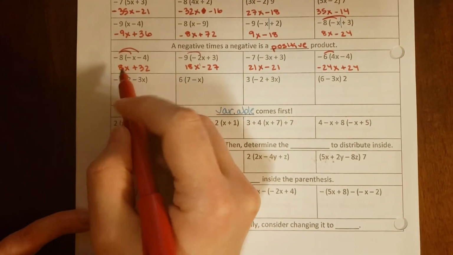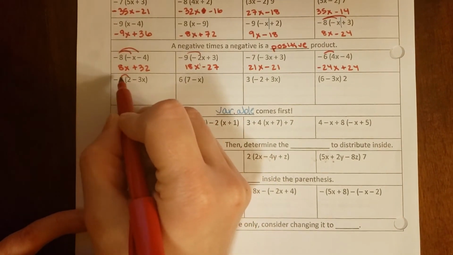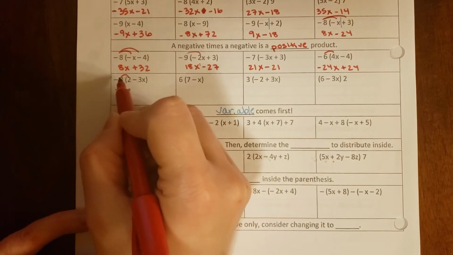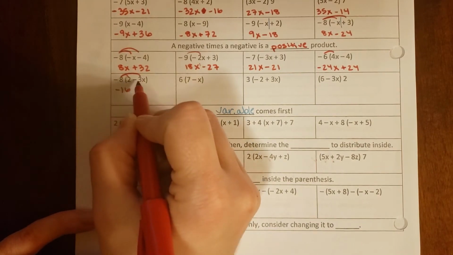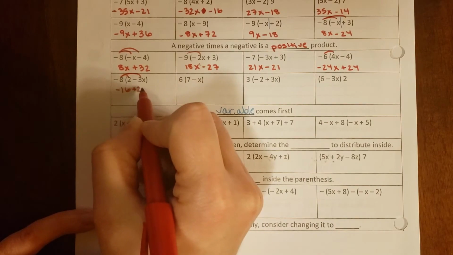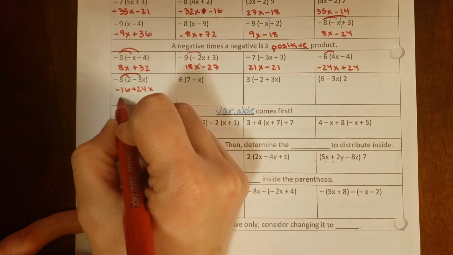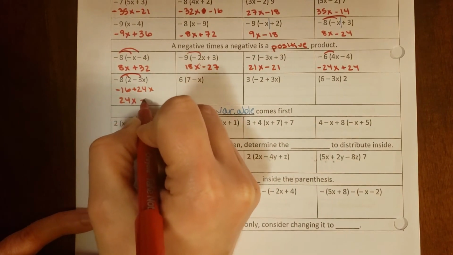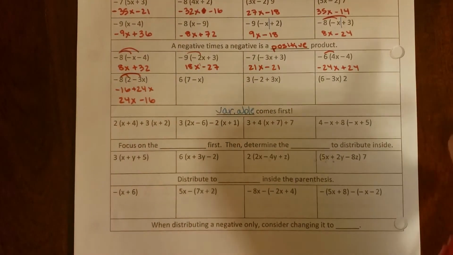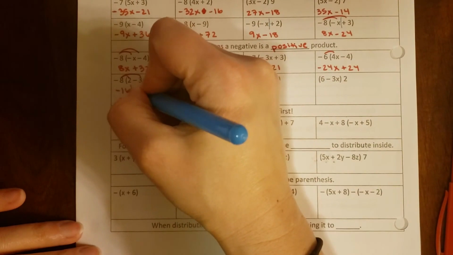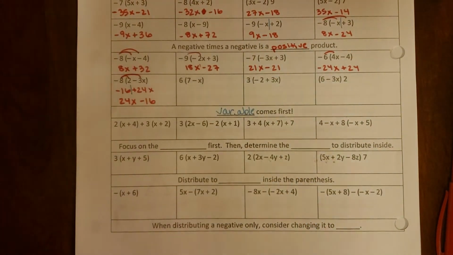You can either do the first term, so negative 8 times 2 is negative 16, and then the second term, negative 8 times negative 3 is positive 24x. You can either do that and then flip it around, positive 24x minus 16, because the positive goes with the 24. The negative goes with the 16.